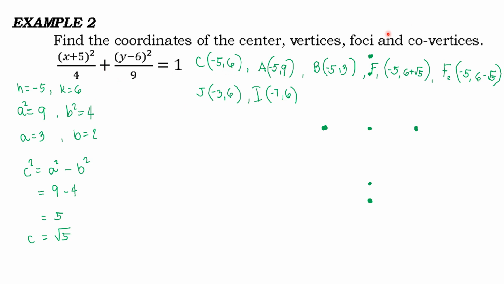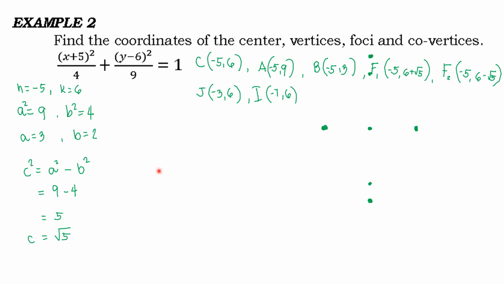Tapos, for the other vertex, okay, copy the x-coordinates of the center. And then, ito naman si 6 would be minus by the A, which is 3.